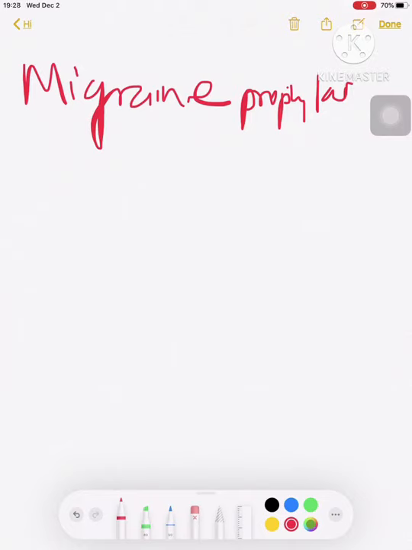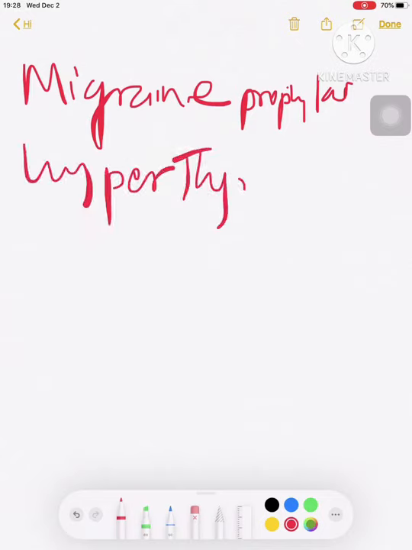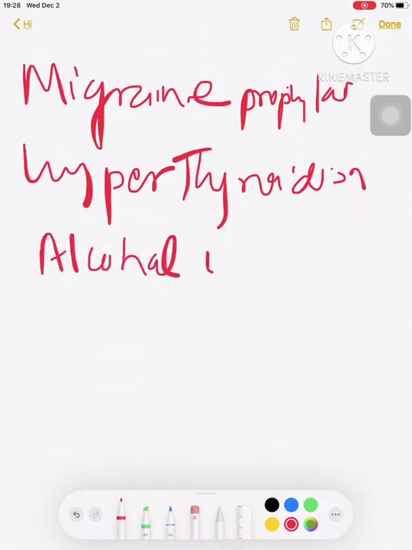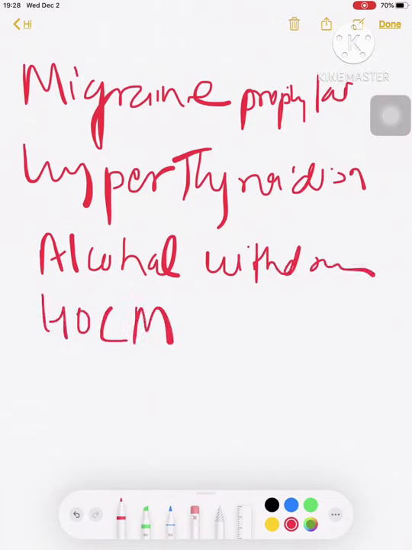Next is in patients of hyperthyroidism, to control the tachycardia, palpitations, tremor and anxiety, mainly the sympathetic overstimulation. Next is alcohol withdrawal, a similar thing here. Next is hypertrophic obstructive cardiomyopathy.